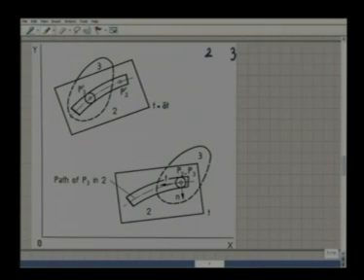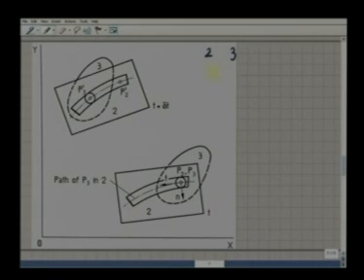If we want to find out the velocity of the point P3, the displacement of the point P3 during this time delta t is given by the vector P3 P3 prime.